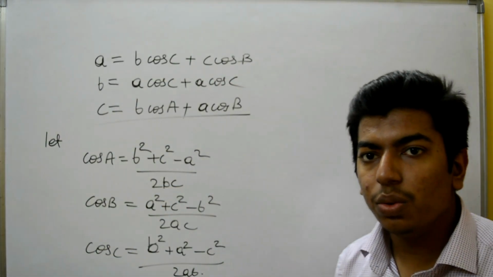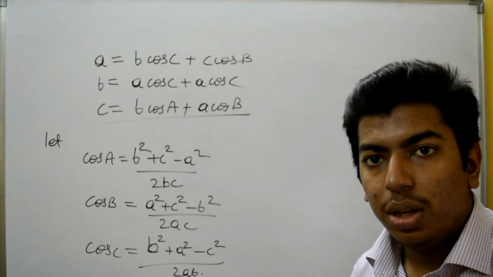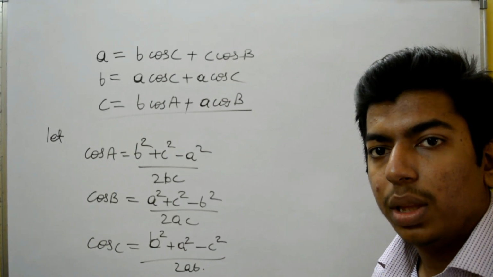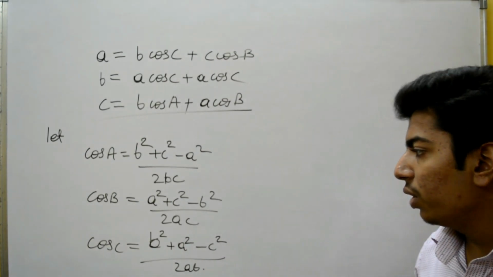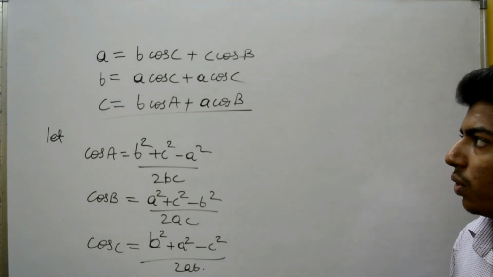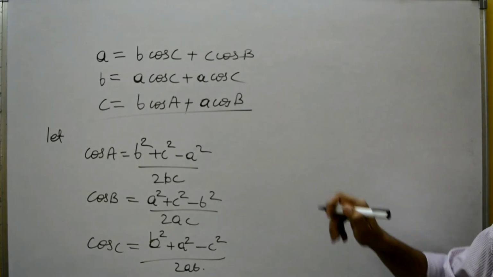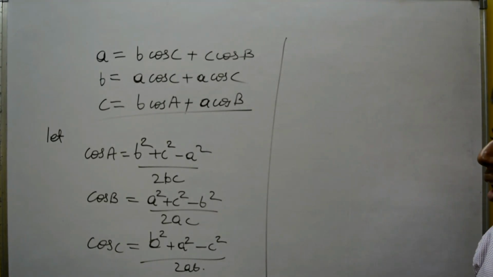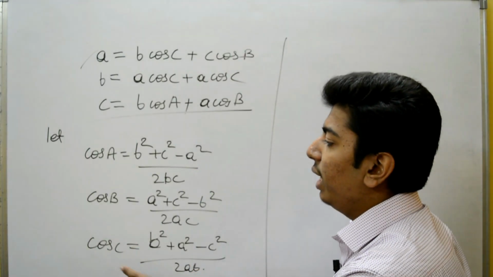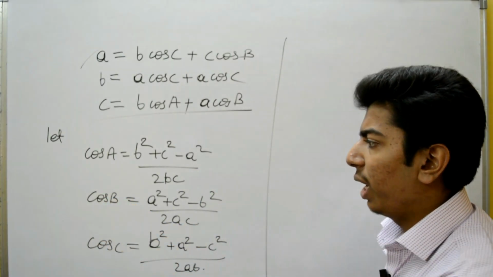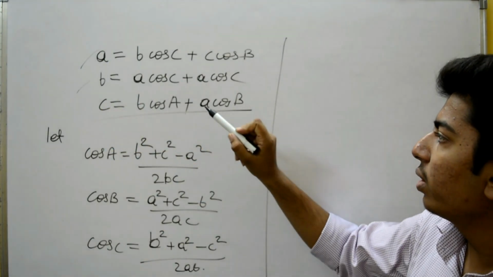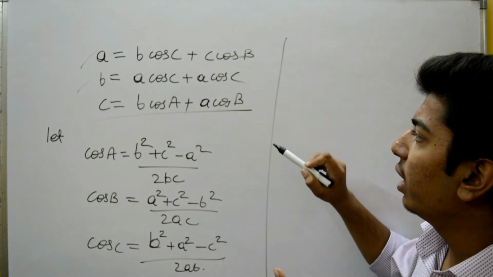According to the cosine rule, so this is all the cosine rule, and we have to prove this. If the question arises that we have to prove this, then consider cos C and cos B only. Sorry, there is a mistake over here.